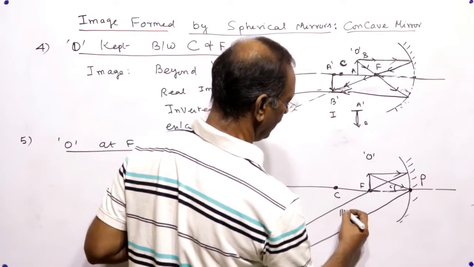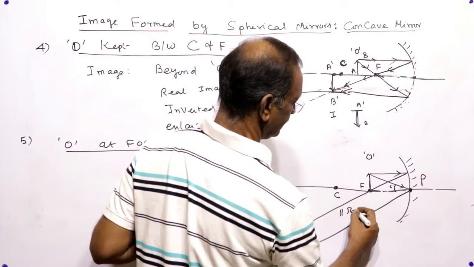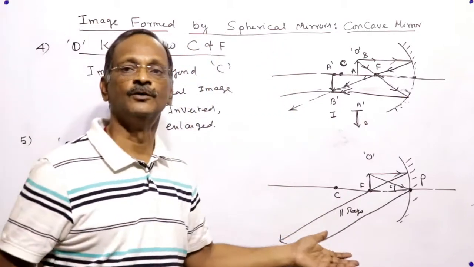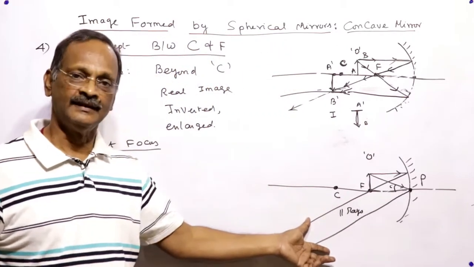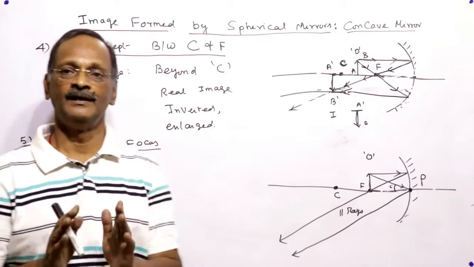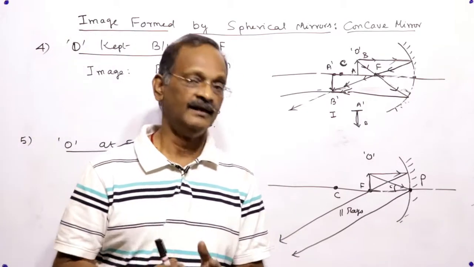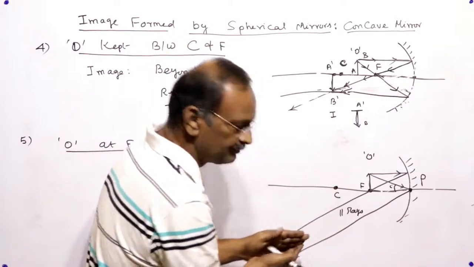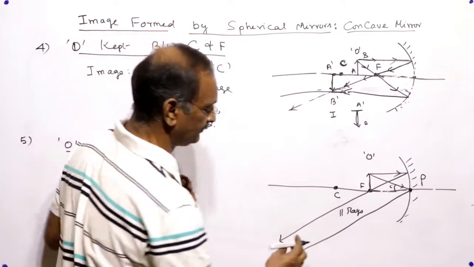So both are parallel rays. Since both are parallel rays, they will not intersect anywhere here. Both the rays are supposed to converge at infinity.